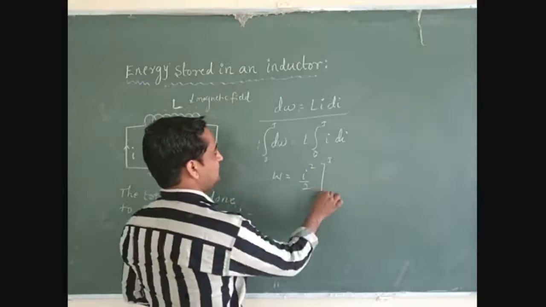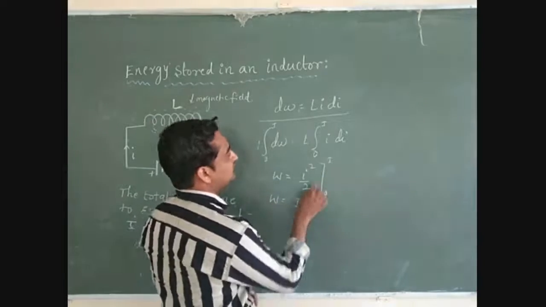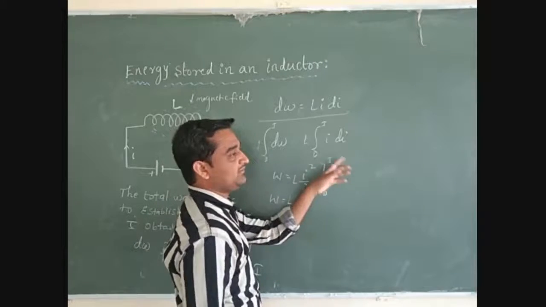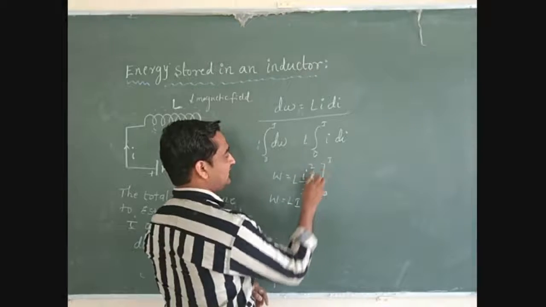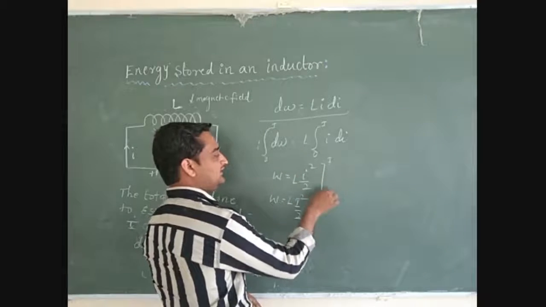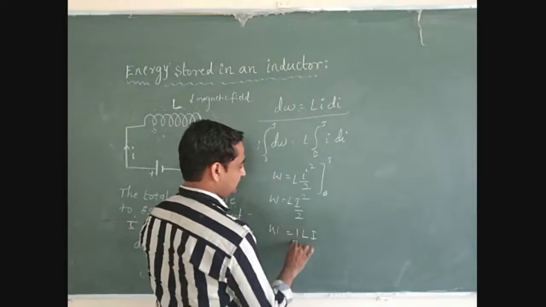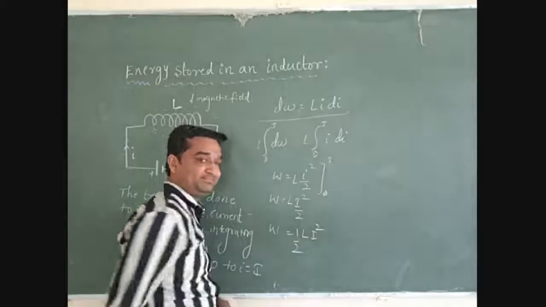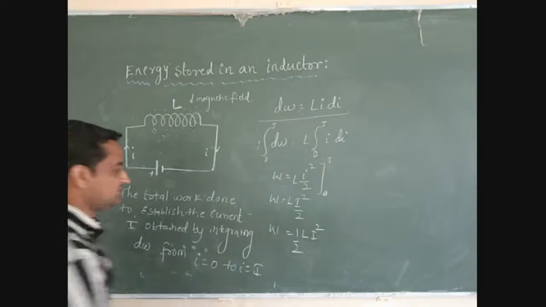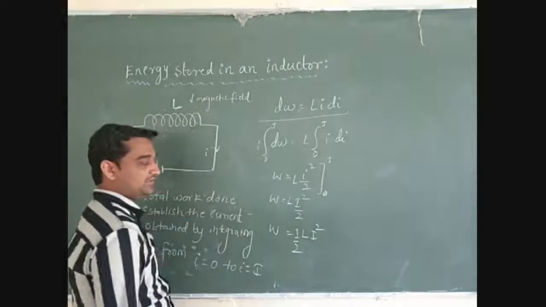When you substitute the lower limit, that is 0, that whole term becomes 0. Therefore W is equal to L into 1 divided by 2, that is, half L I square. So this is the total amount of work done in establishing the current from 0 to the maximum current, right? 1 by 2 L into I square.